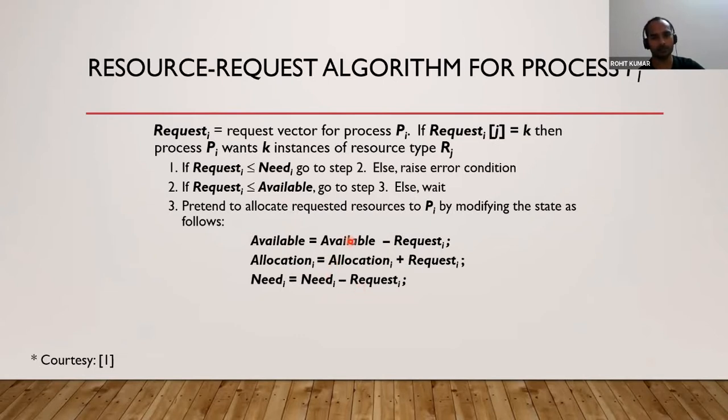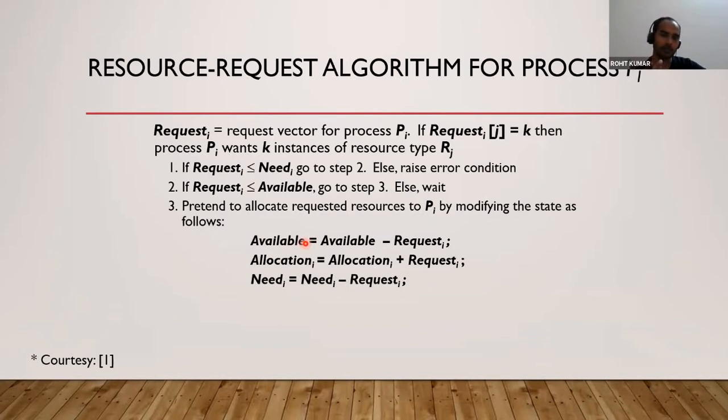You can't exchange the steps, because it will have an impact on the final overall allotment process of the system. Because if you first reduce the need, and suppose just after execution of this instruction there is some sort of system fault or your system crashed, then your request vector got deducted, but your allocated and available vectors were not updated.